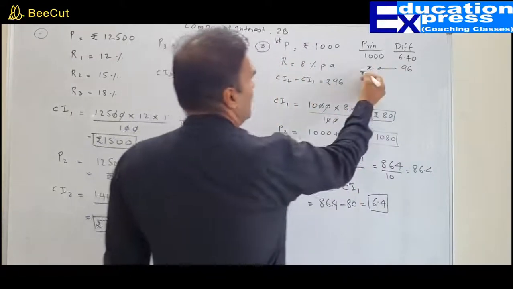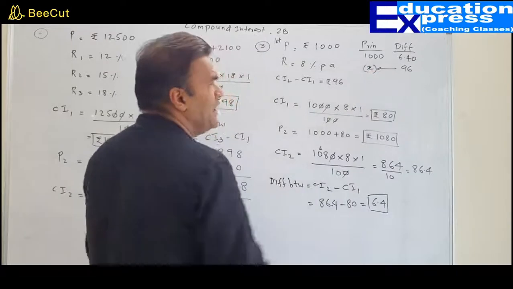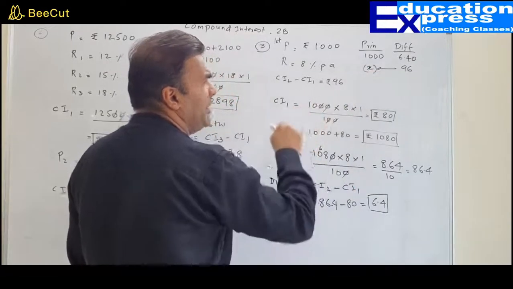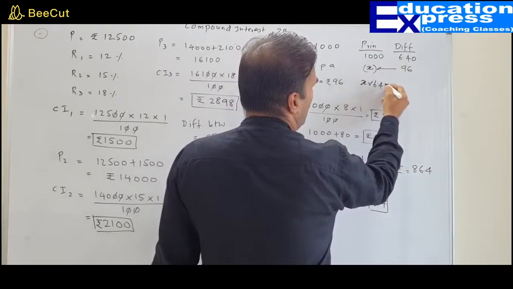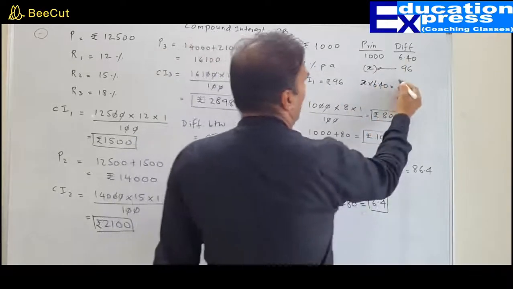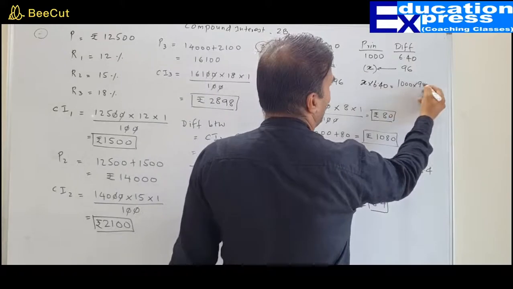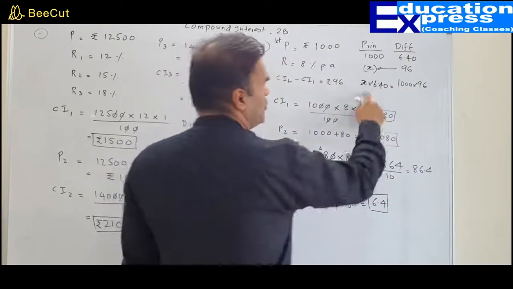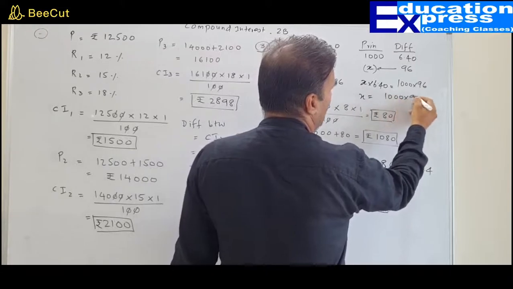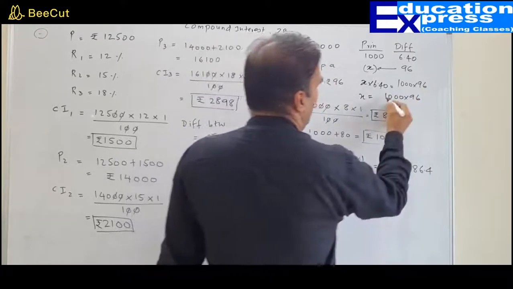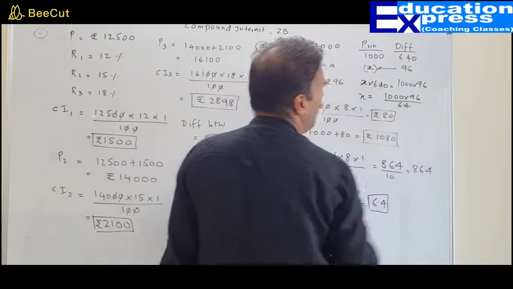We don't know. Let the principal be x. Now the question becomes a question on unitary method. X into 6.4 will give you how much? 1000 into 96. When you solve this, x equals 1000 multiplied by 96 upon 6.4.